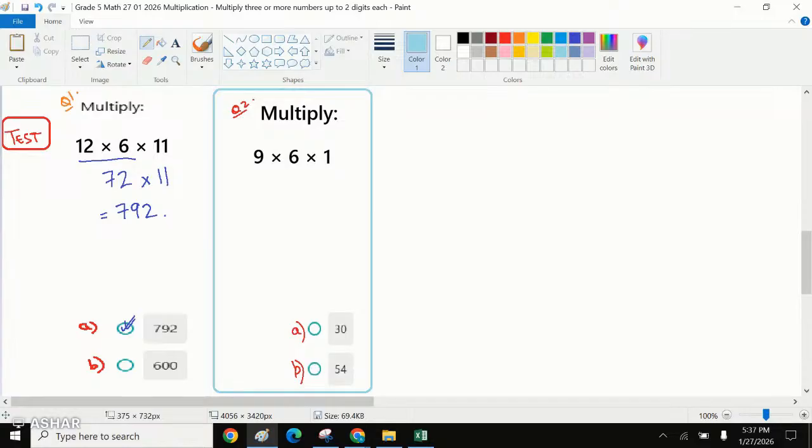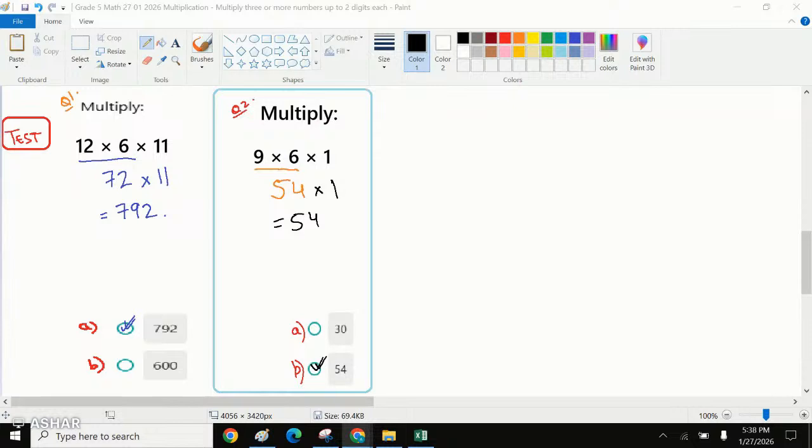Yes, option 1 is correct for question number 1. Question number 2 says 9 multiplied by 6 multiplied by 1. We know that 9 multiplied by 6 is 54. And it says 54 multiplied by 1. So what should be the answer? Yes, option number 2. Thank you, Grace. That is 54. So we click on option number 2.